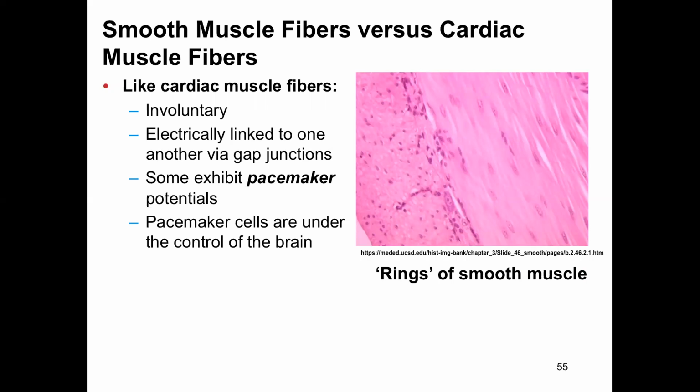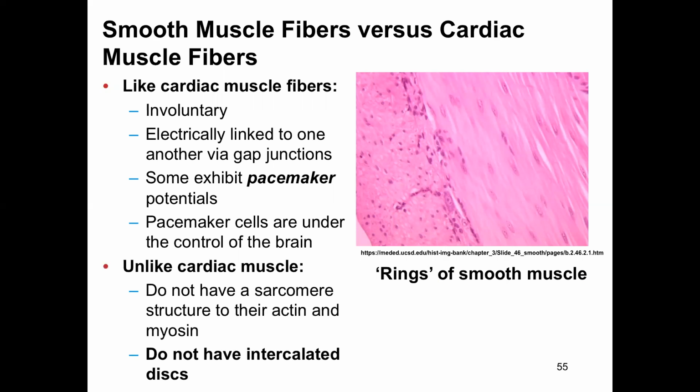So they allow for contracting and shortening of those tubes, the digestive system and the respiratory system, all right? Especially in the digestive system. In fact, in the stomach, you have a third layer at an oblique angle. And that can allow for mixing. And you'll learn about this in semester 2 when you do the digestive system.